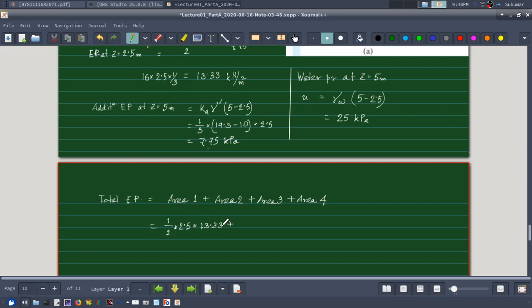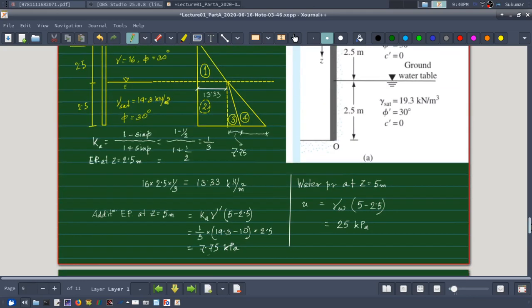Correct? Let us verify the pressure diagram. Yes, this is 13.33.